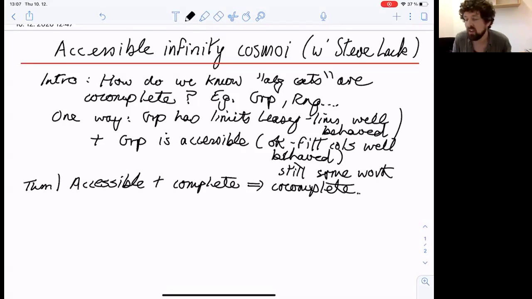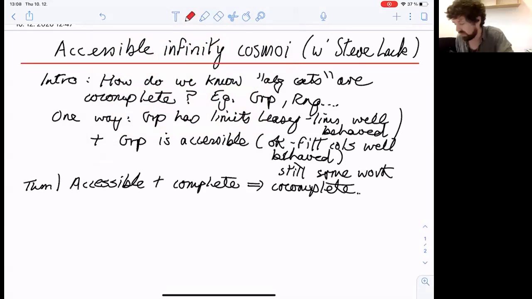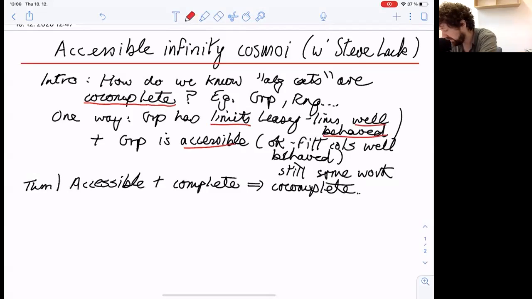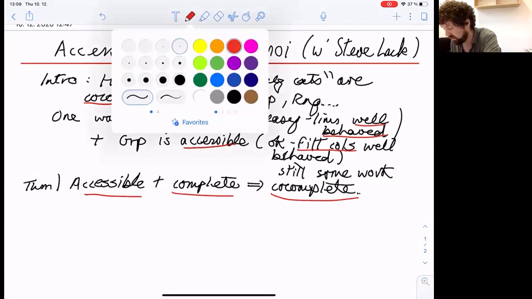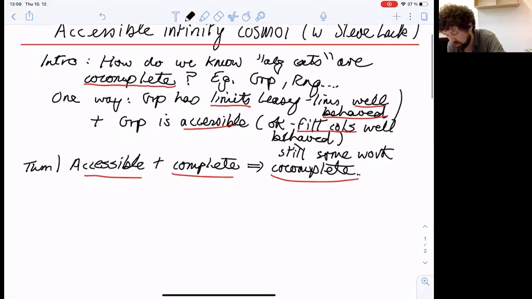What it's saying is that we're interested in colimits, which are complicated. We've got limits, which are easy, and accessibility, which is not too bad, and from those two we get colimits, which is nice. So that's one way you can see algebraic categories have colimits.